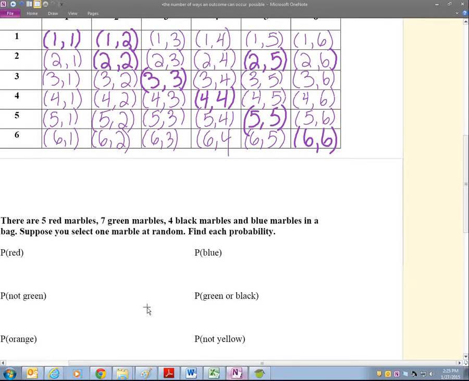Have a plan as far as filling that out. And I do want you to put parentheses around them all, please.